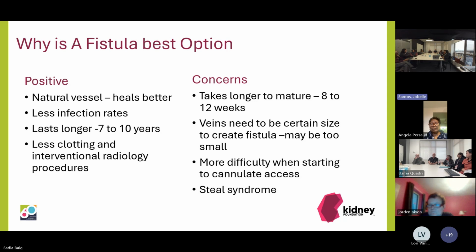And in severe cases, we actually have to tie off the fistula or graft and maybe do a surgery to correct that. Talking about Steal syndrome, out of the 225 patients we have, we're currently following only 11 patients with a Steal syndrome issue. And most of them, 9 out of the 11, we're just monitoring it. We're not doing anything about it per se.